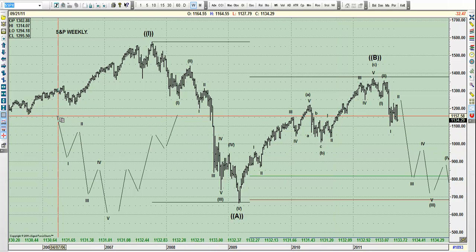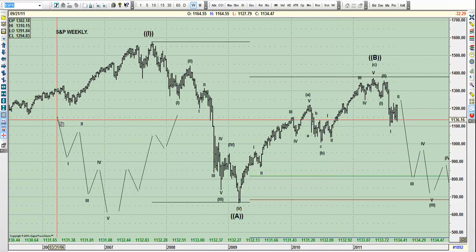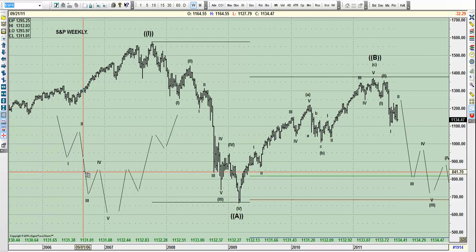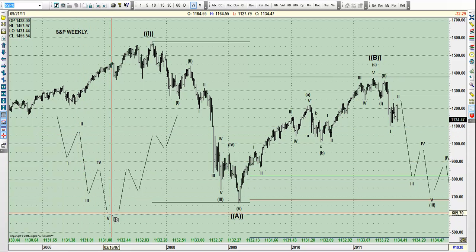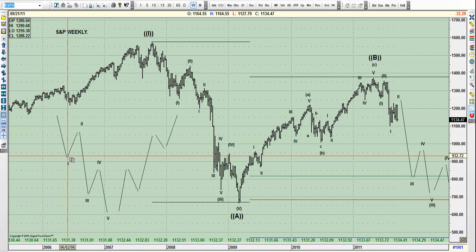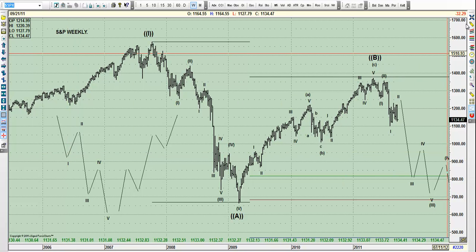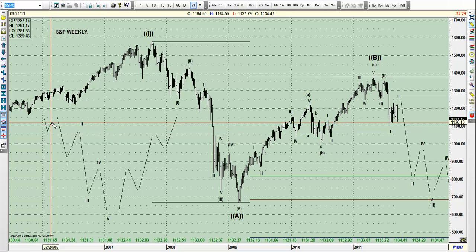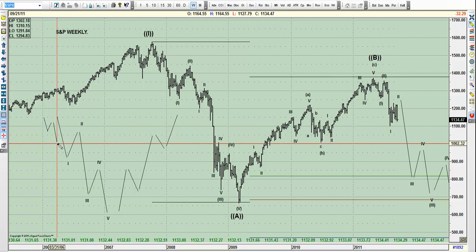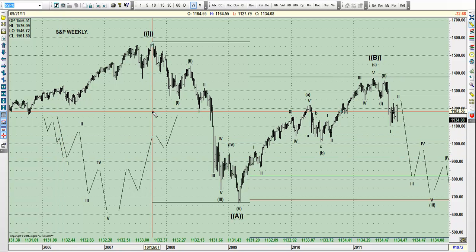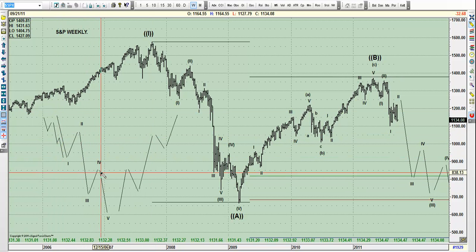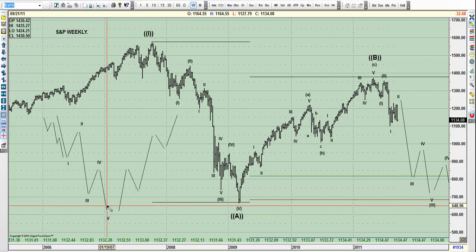But this is wave 1, wave 2, wave 3, wave 4, and wave 5. But wave 1 also has 1, 2, 3, 4, and a 5. The same with wave 3, the same with wave 5.